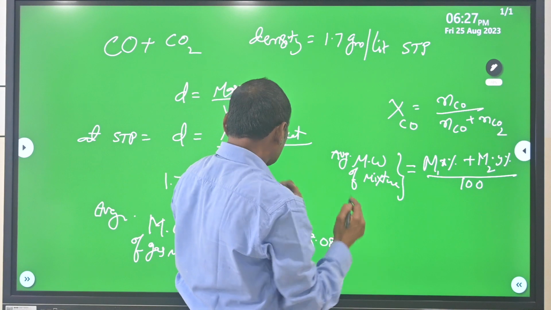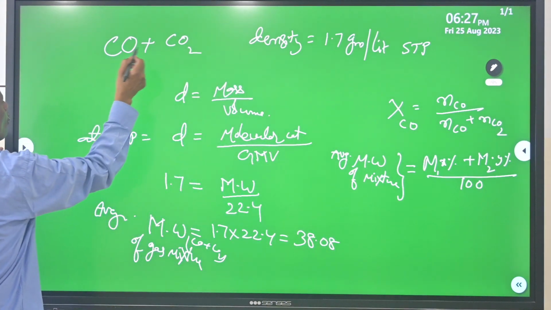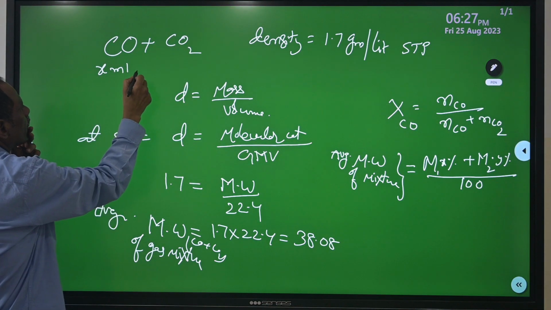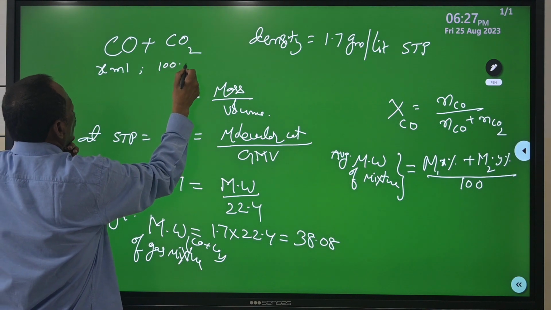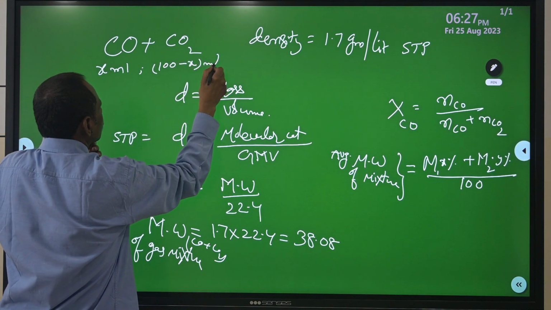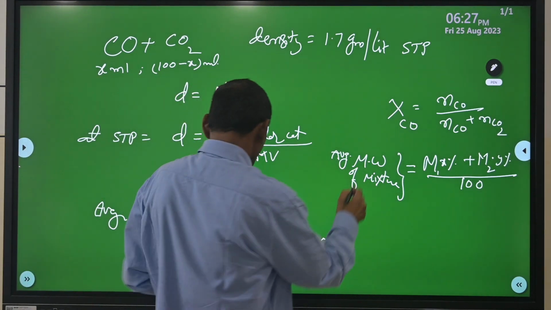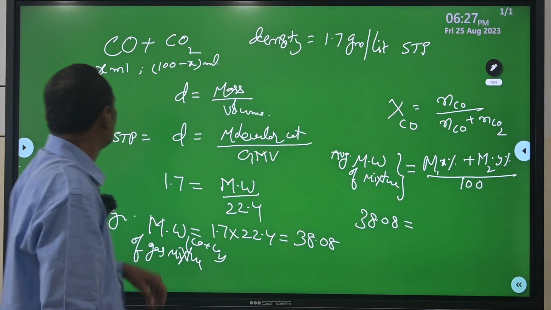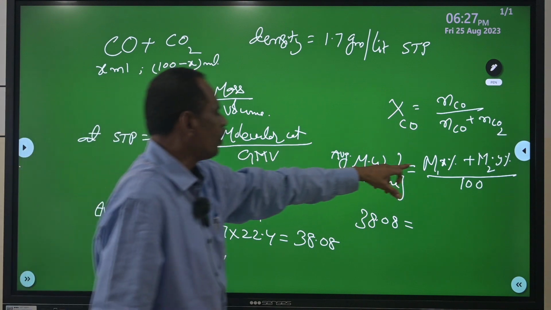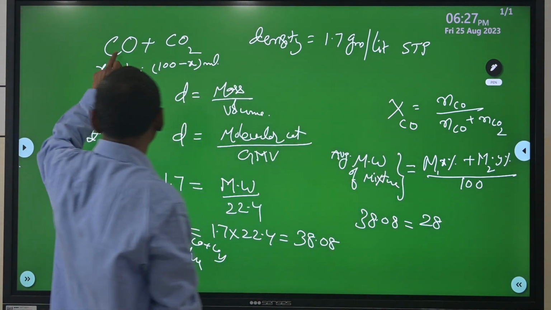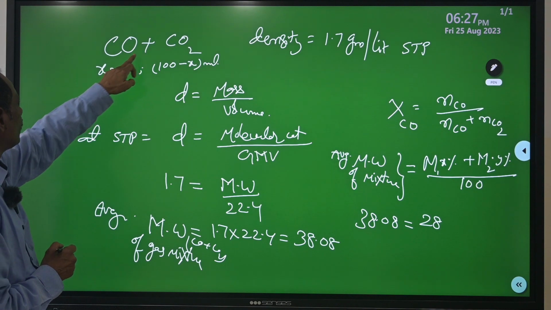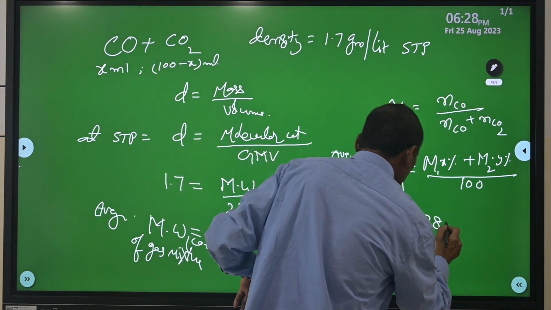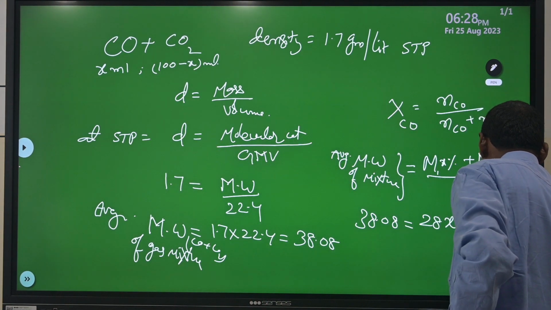Therefore, let us assume that in the gas mixture CO plus CO2, X milliliters of carbon monoxide is present. Then the carbon dioxide volume is 100 minus X milliliters. Therefore, the average molecular weight of the gas we just calculated, 38.08, is equal to: the first gas is carbon monoxide, its molecular weight is 28 (carbon atomic weight 12, oxygen 16), 28 into X milliliters of carbon monoxide, plus M2.